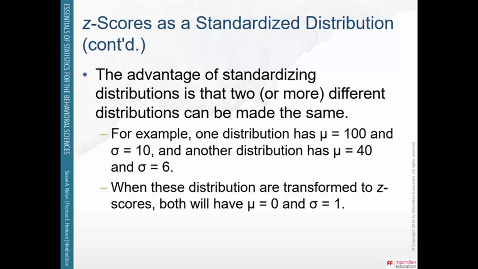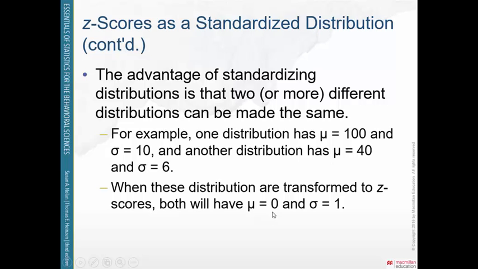Okay, so the advantage of standardizing distributions is that 2 or more different distributions can be made the same. So if one distribution has a mean of 100 and a standard deviation of 10, and another distribution has a mean of 40 and a standard deviation of 6, if we transform individual scores into z-scores, the z-scores are all on the same scale.